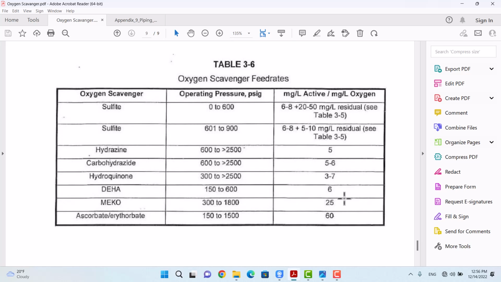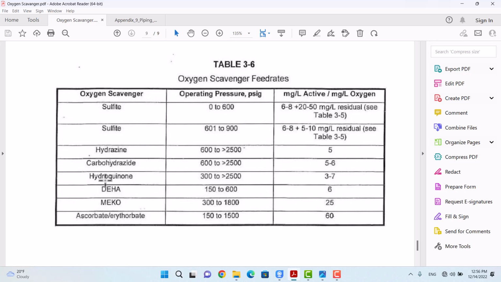If, for instance, the operating pressure of the steam drums is lower than, for instance, 600 psi, look for oxygen scavengers which are more suitable for such operating pressures. If it is a high pressure steam drum, therefore you are supposed to select this kind of oxygen scavenger.